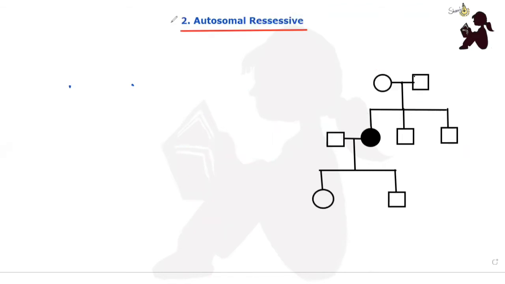Then the second is the autosomal recessive condition. To identify the autosomal recessive condition, the first thing is that in the pedigree chart there will be skip of generation. As we can see here, in generation 1 there is no diseased individual. Then in generation 2, there is a diseased female.